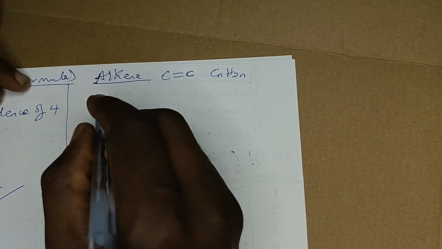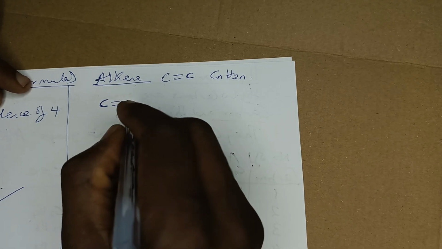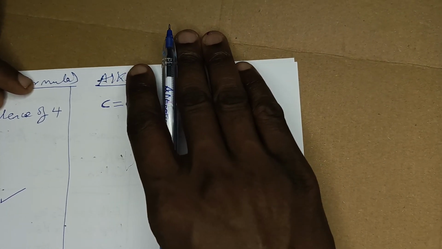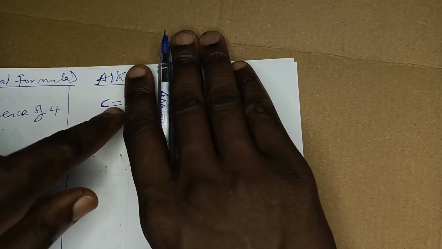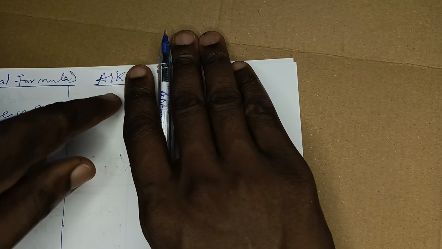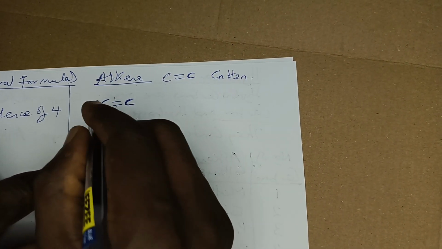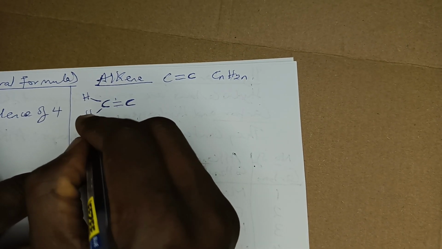Now, when you have a carbon to carbon double bond, if you cover this, we already have 2 bonds, 1 and 2, so it remains only 2 bonds. So we have to put our hydrogen there.